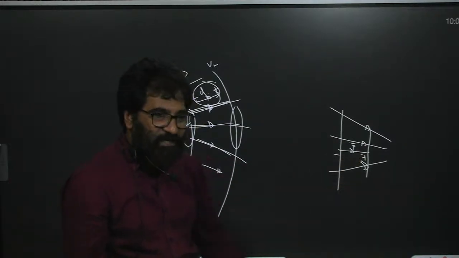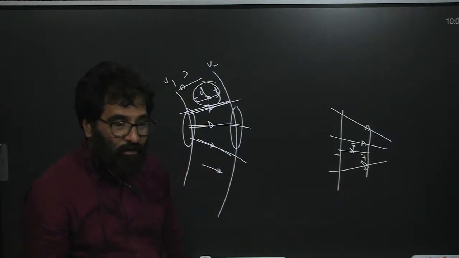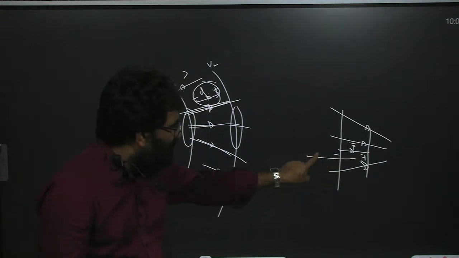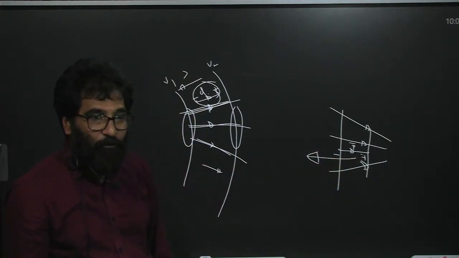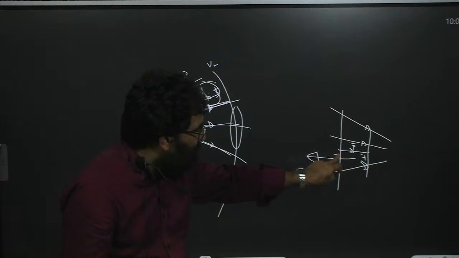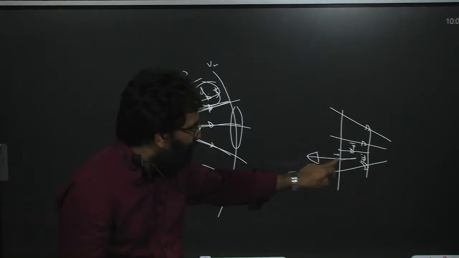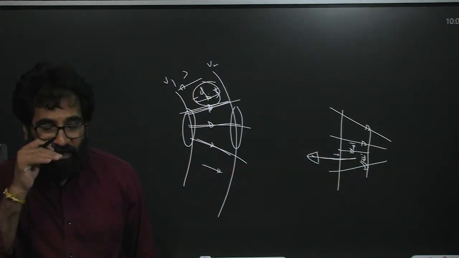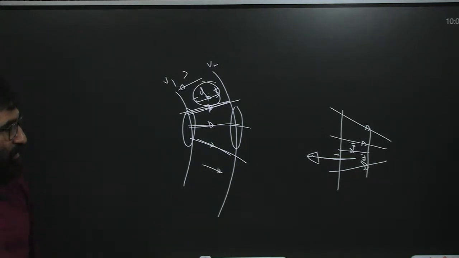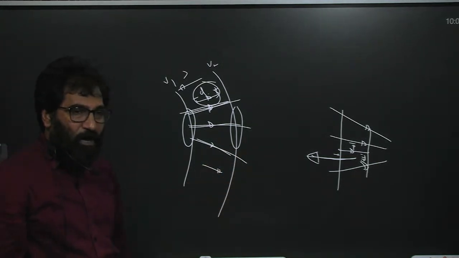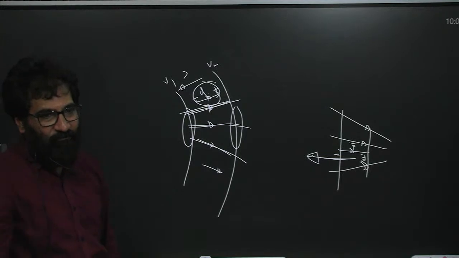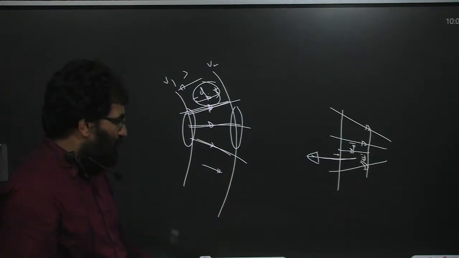Definitely, the attraction is less and the repulsion is more, so the net force is along this direction. So when we keep any dipole in a non-uniform external electric field, it always moves against the electric field.